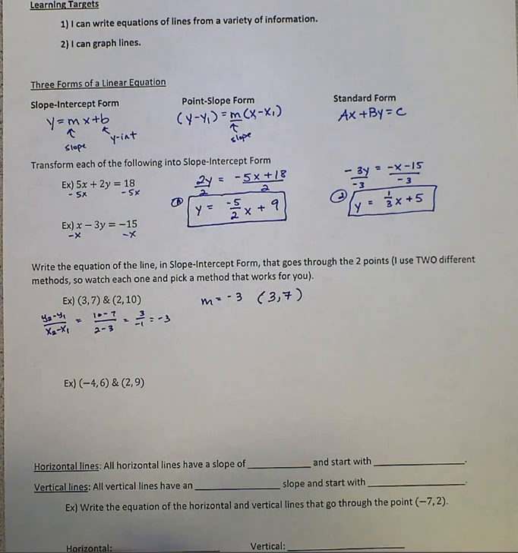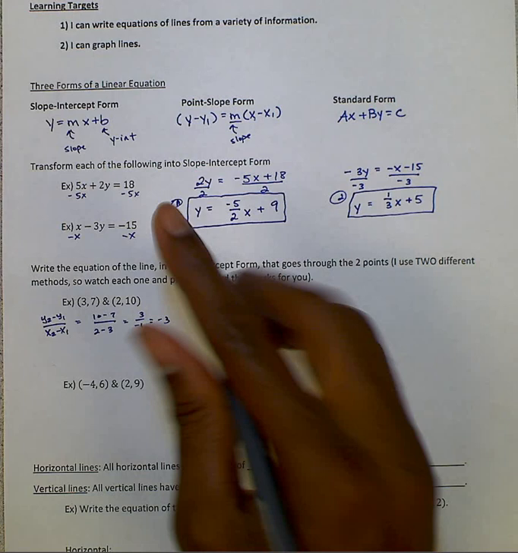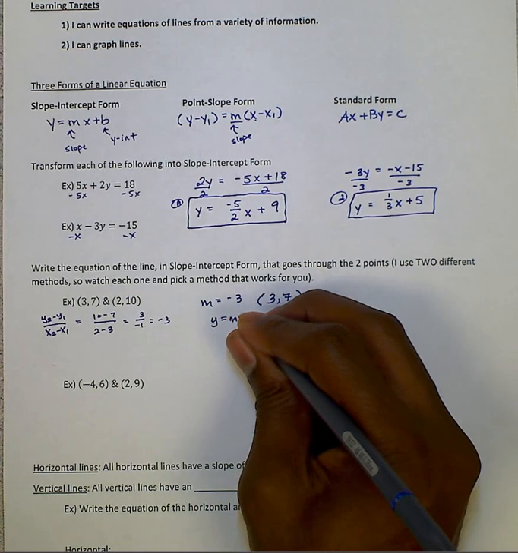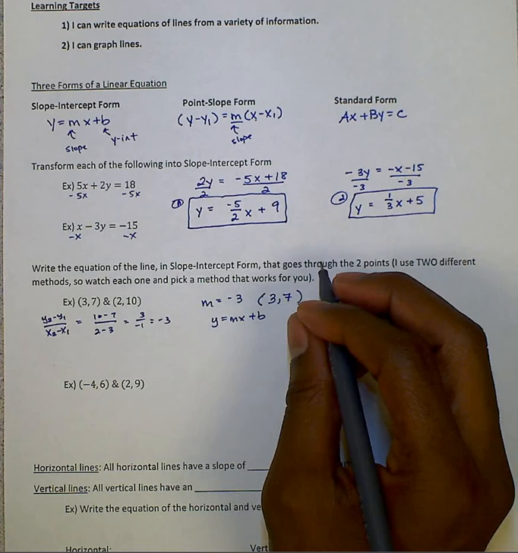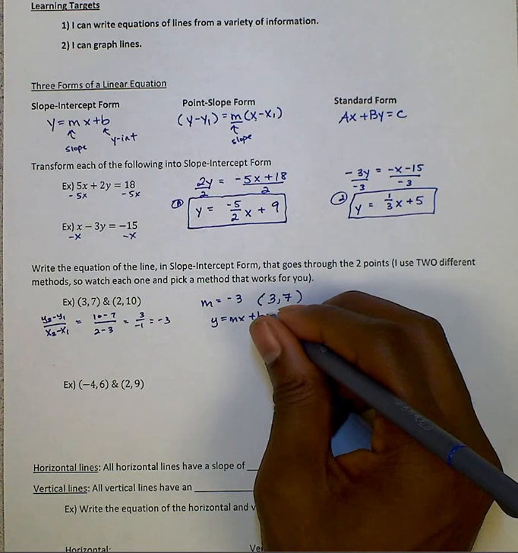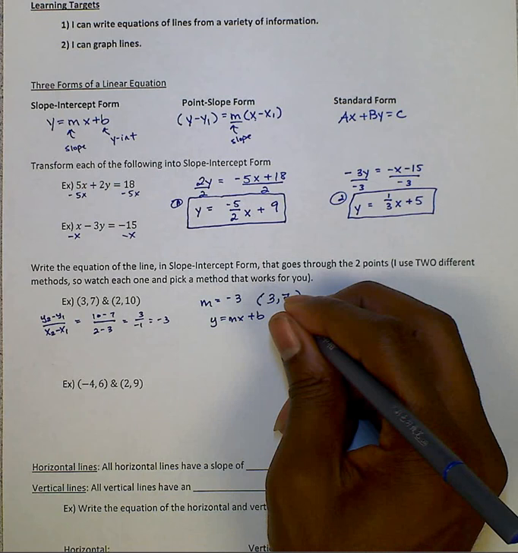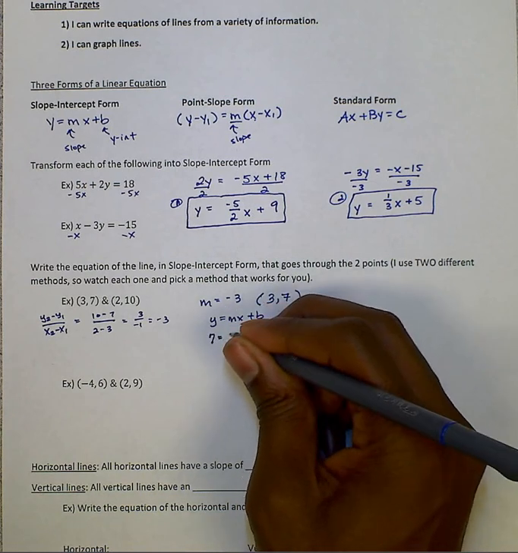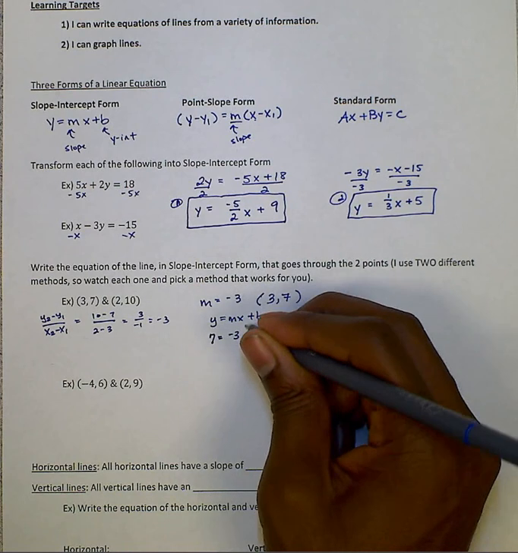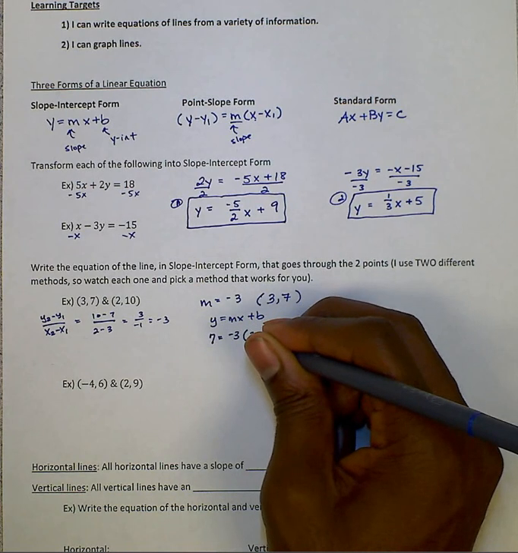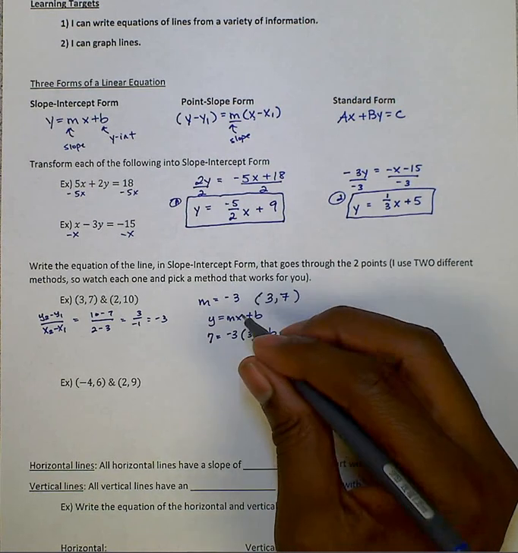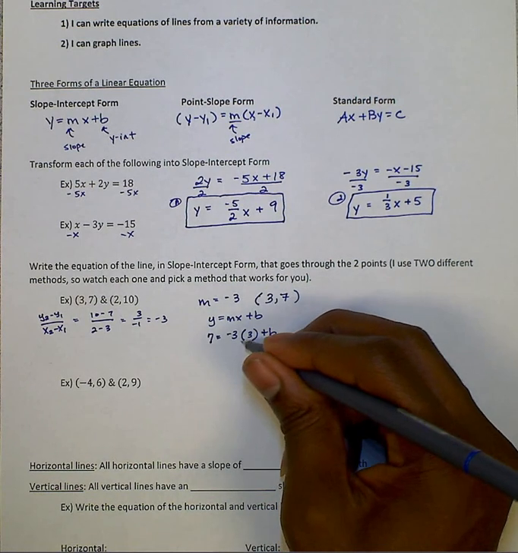Then we just plug it into our slope-intercept form and solve for b, because that'll be the only thing we don't know. So I know that my y coordinate for this point is 7, my slope for the entire line is negative 3, and my x-coordinate for the same point is 3, plus b. Okay, and so now I'll solve for b. So 3 times negative 3 is negative 9.